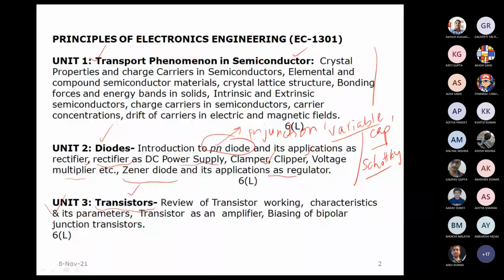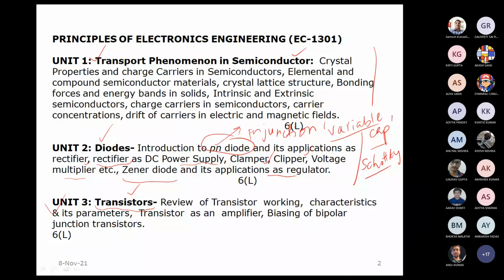These are widely called bipolar junction transistors. Its characteristics will be seen, then some important parameters, then some applications of this transistor as an amplifier.